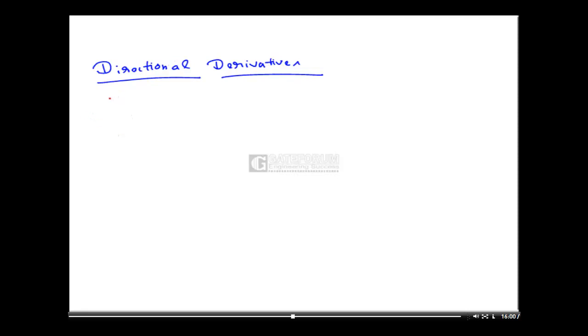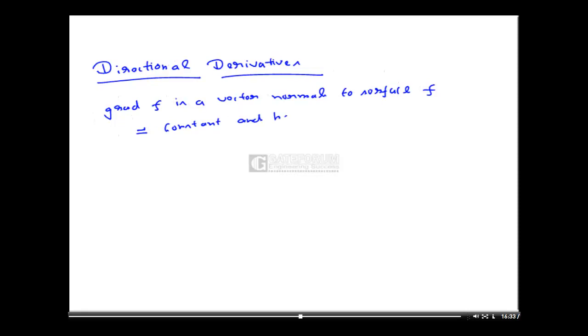We know that, just remember this point, that gradient f is a vector normal to surface f equal to a constant and has a magnitude equal to rate of change of f along the normal.